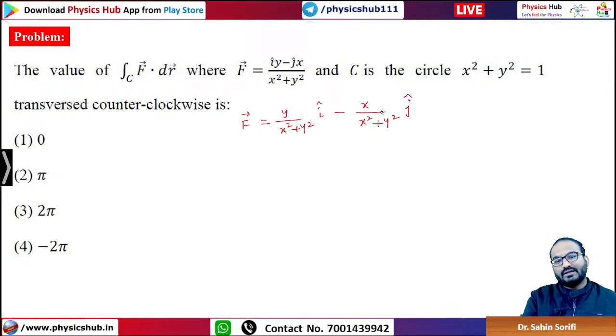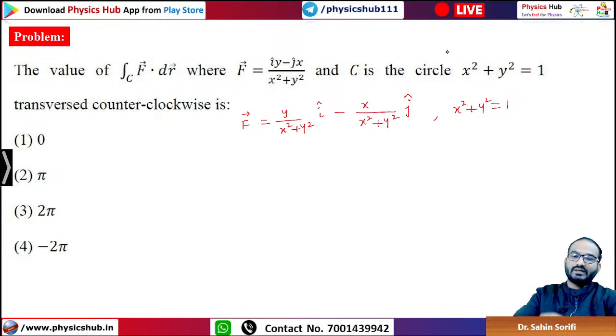We have already done this kind of problem before, today itself. Traversed counterclockwise. So by looking at this x square plus y square and the circle, it will be a better idea to use plane polar coordinates, right?